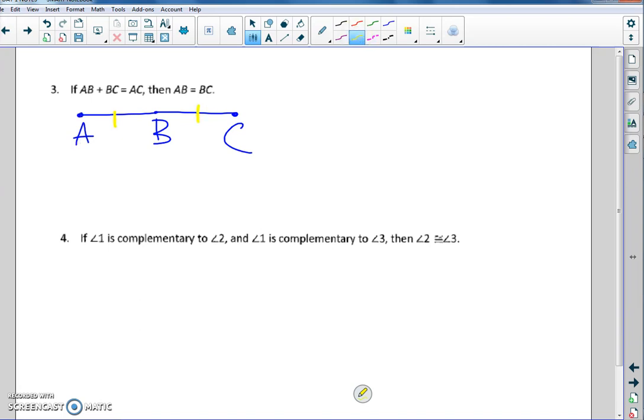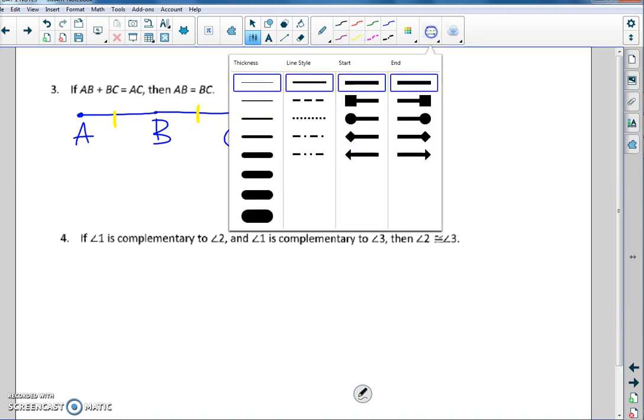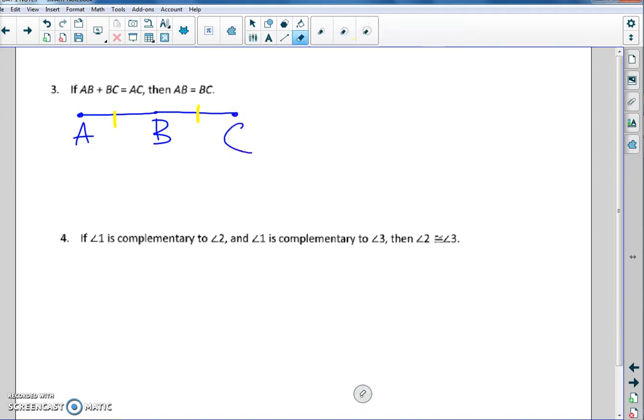Well, that's not always the case, because what if AB is 8 and BC is 3? AC equals 11. Is that still a true statement? Yes, but the two are not congruent to each other. Knowing that these two add together to get this does not necessarily mean that the two pieces are congruent to each other.